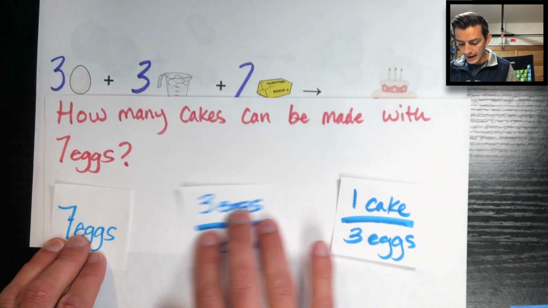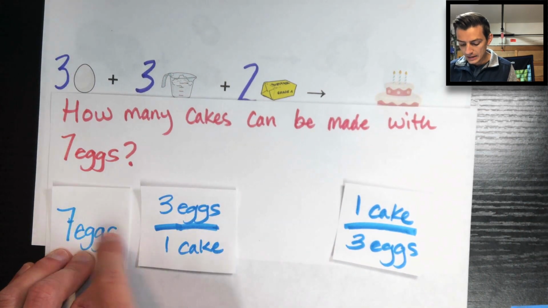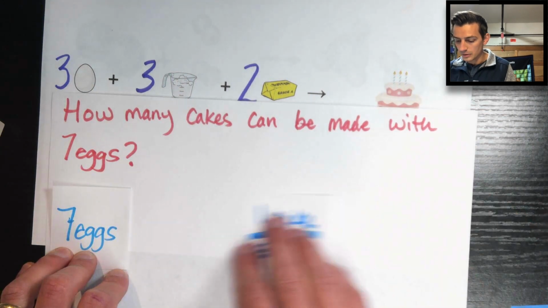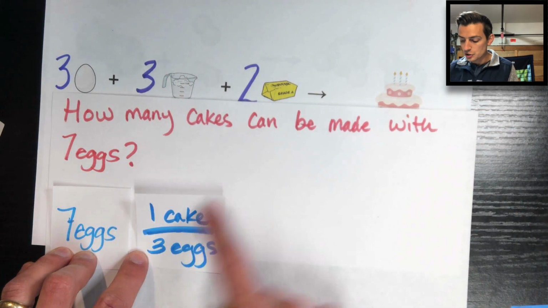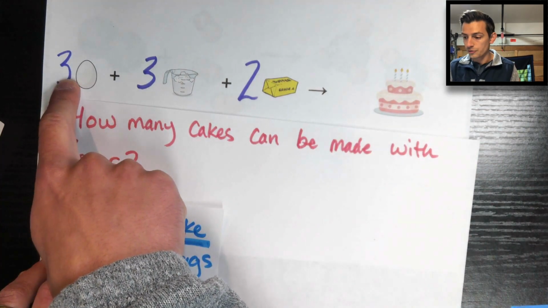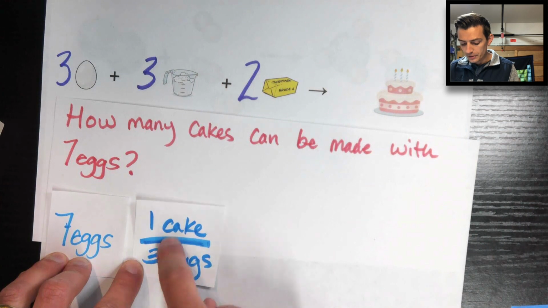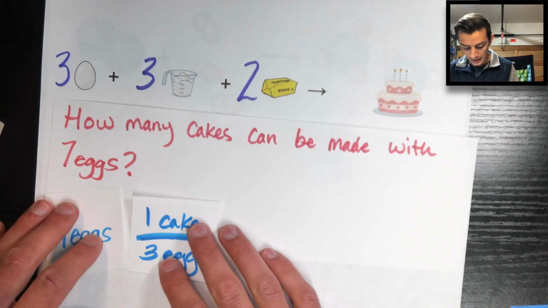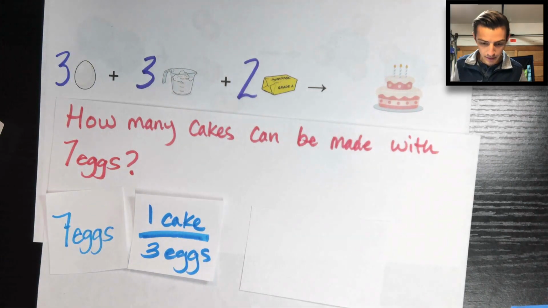So to figure that out, again, I bring it up and I say, okay, eggs here. Okay, they're not going to cancel. I can't use that one. So if I bring this one over, the relationship between cake and eggs, again, is one cake needs 3 eggs, and there's my relationship. So eggs and cake, eggs are going to cancel, and I end up with cake. So let's go ahead and do the math.